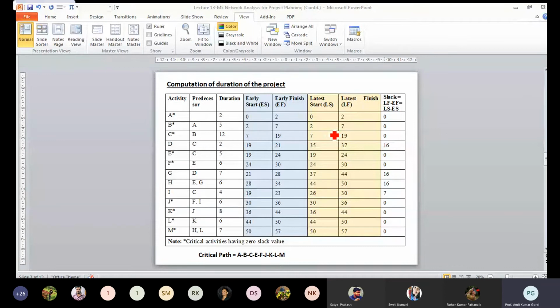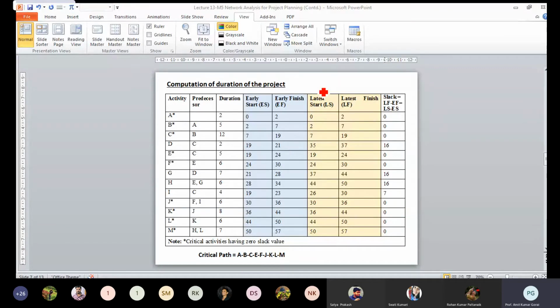If there are multiple tasks following a particular task, to calculate the late finish of the predecessor you have to take the minimum of these. From the 3 activities the minimum value is 19, and that's why the late finish time of C is 19.